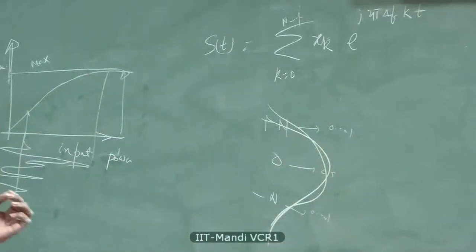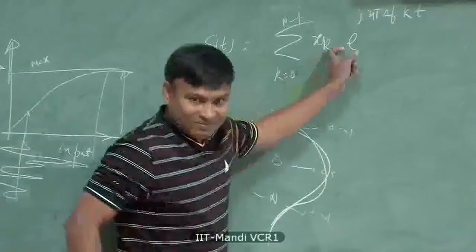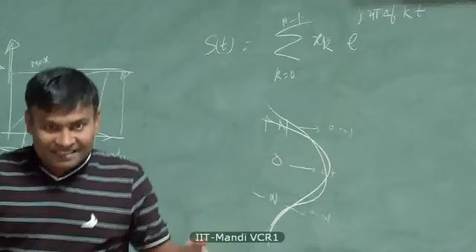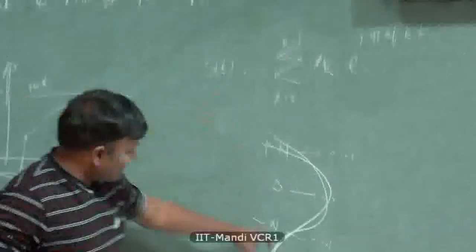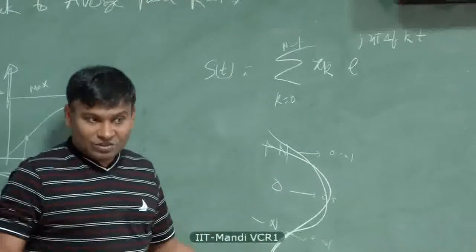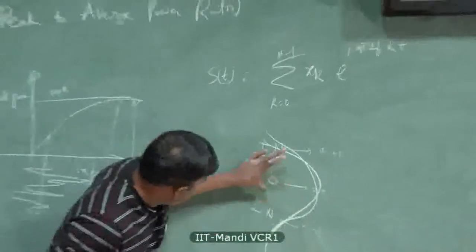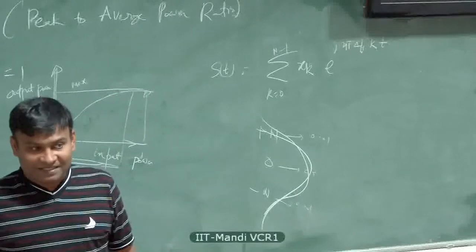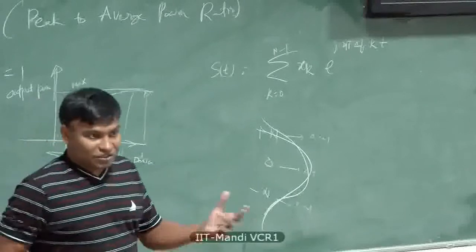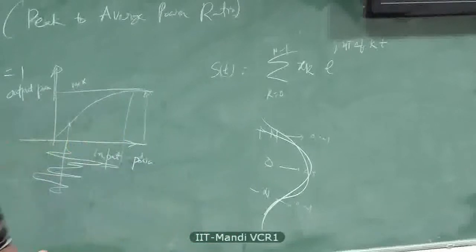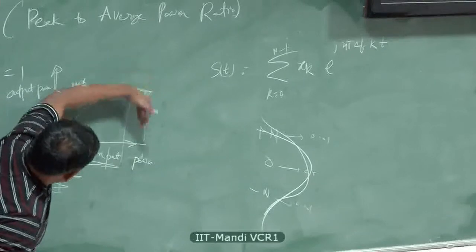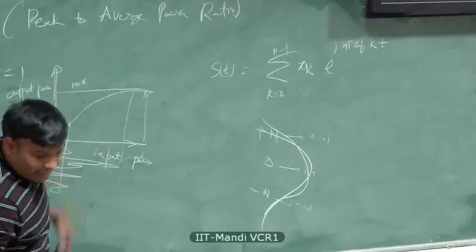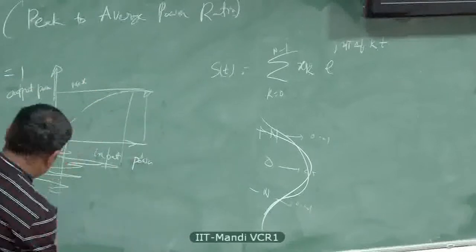Each value has a probability associated with it because these are all random. So it's like a truncated Gaussian distribution, but the swings can be very large. Of course, plus N and minus N is a large number, right? So they occur with low probability, but you will see a lot of swings, and the PAPR is found to be on the order of 10 dB. 10 dB is a factor of 10. The swings are on the factor of 10. So what do you do? In practice, instead of operating here, you give a back off by a factor 10 and operate.